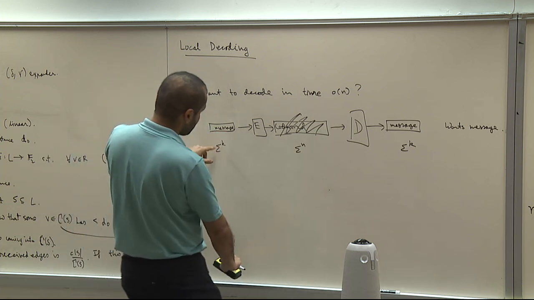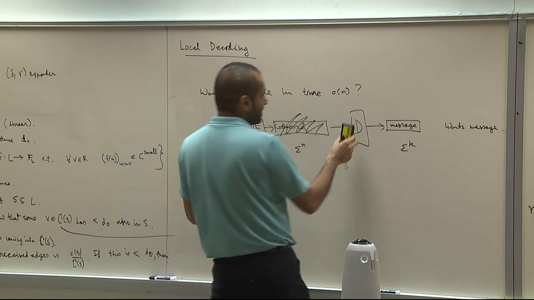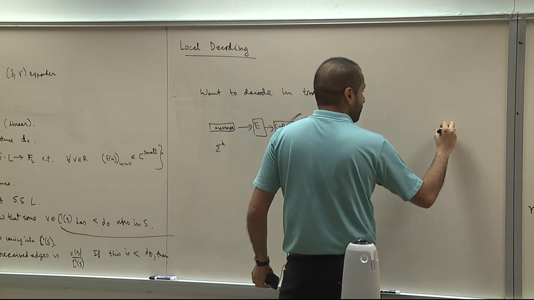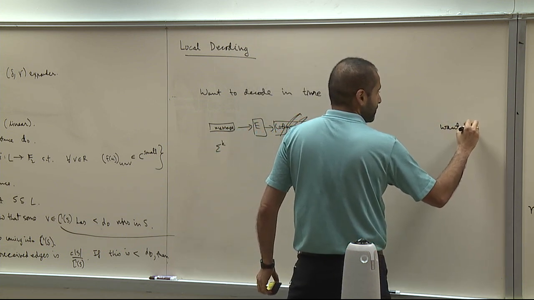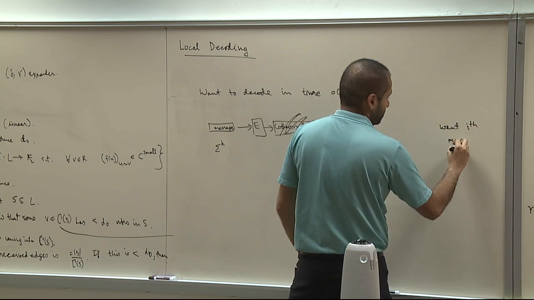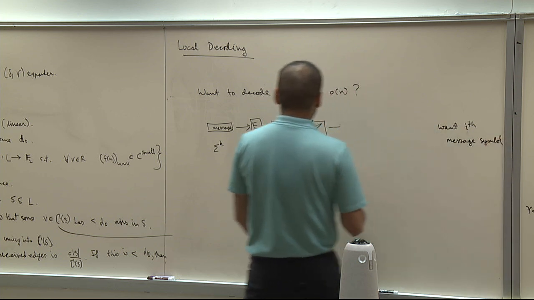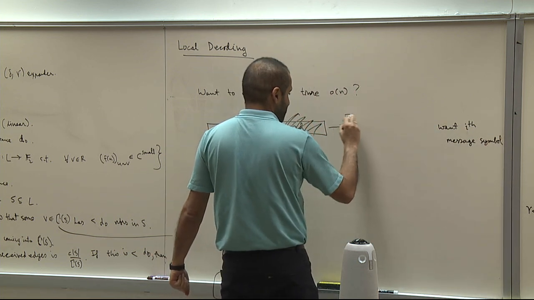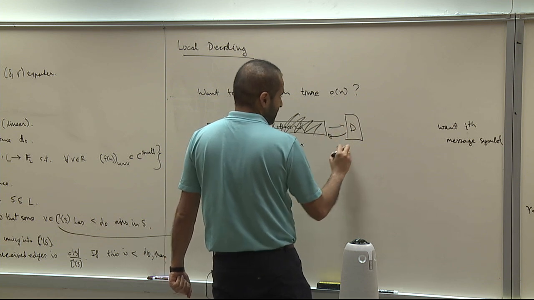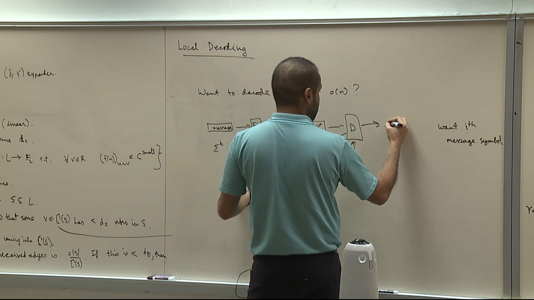So there's the original message. It gets stored, encoded into a big code word. And then at the time of decoding, you don't want the whole message. You just want the ith message symbol. So you get this decoding algorithm that has access to this. It also gets i, and it outputs the ith message symbol.